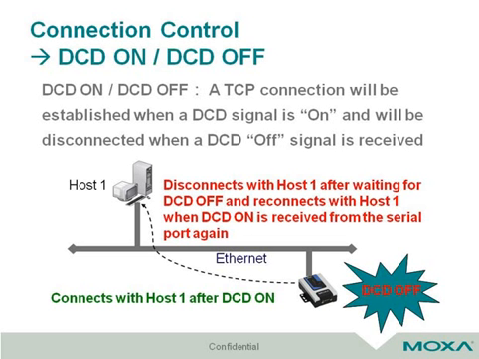DCD on and DCD off. Nport will connect with host if it receives DCD on, and it will disconnect with host after waiting for DCD off. And it will reconnect with host if DCD is on again.